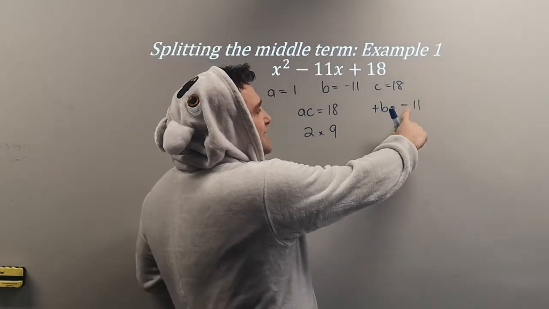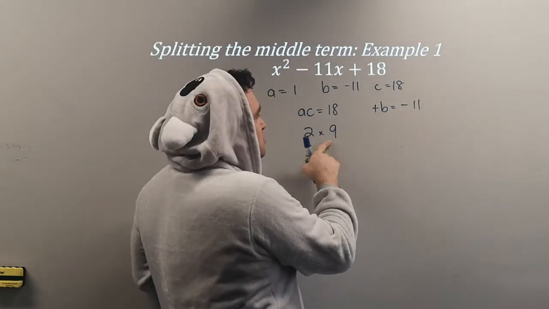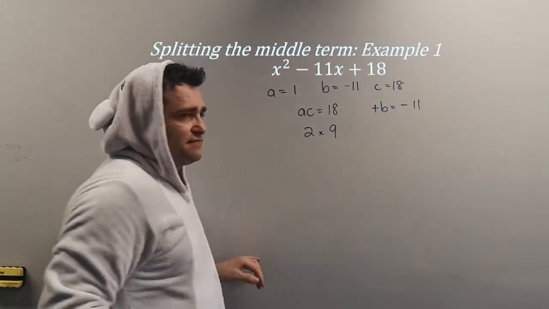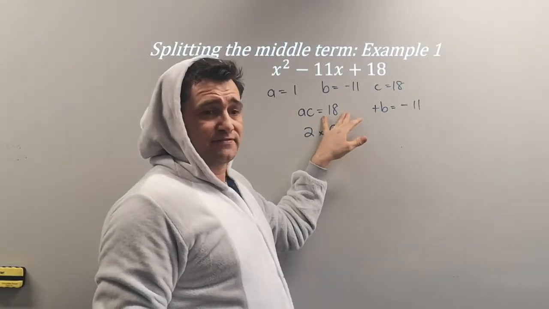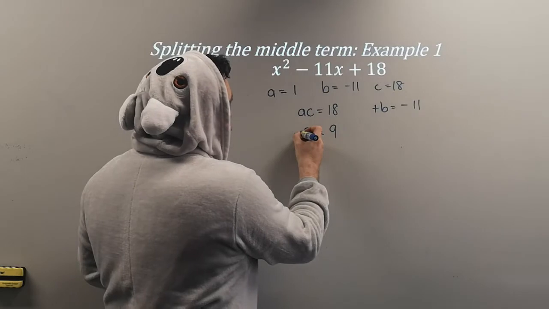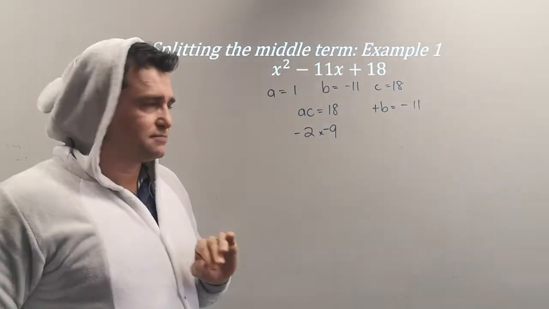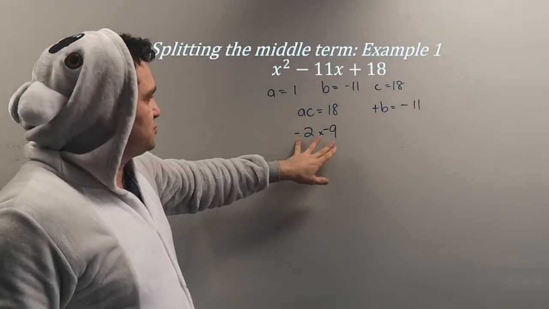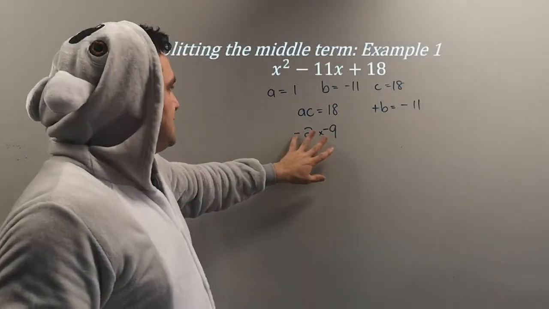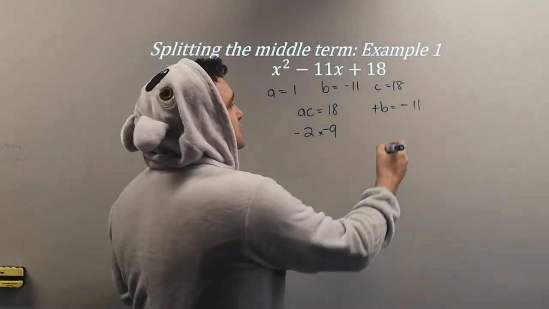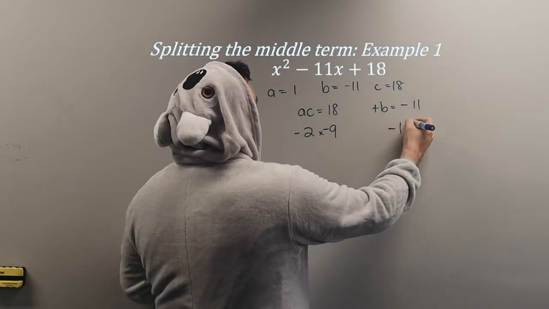But if I want to add to a negative number, I've got to have at least one negative number. And if I'm multiplying to a positive number, I actually need two negative numbers. So negative 2 times negative 9 is still going to give me 18, and negative 2 plus negative 9 is going to give me minus 11.